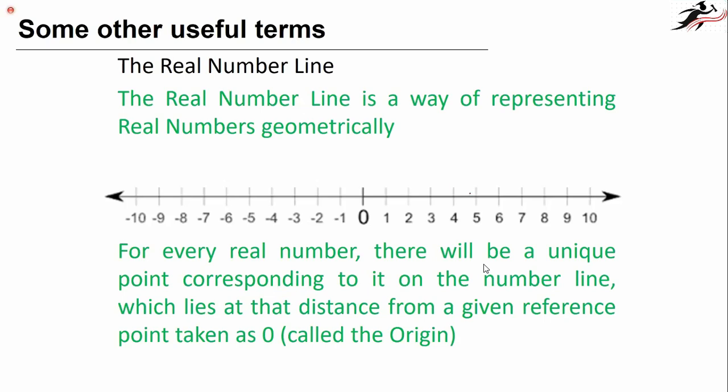So 5 units can be here as well, or 5 units can be here as well. So when I say a point at a distance of 5 units from origin, it could be plus 5 or minus 5, either of them. And that is your concept of modulus. How?